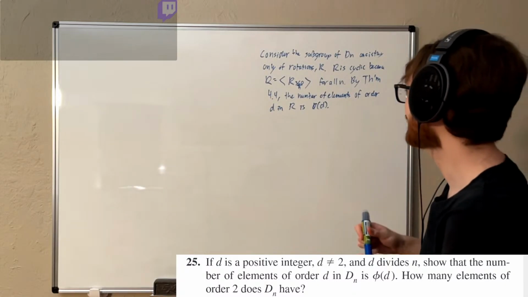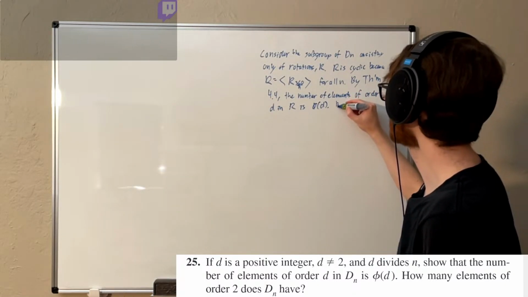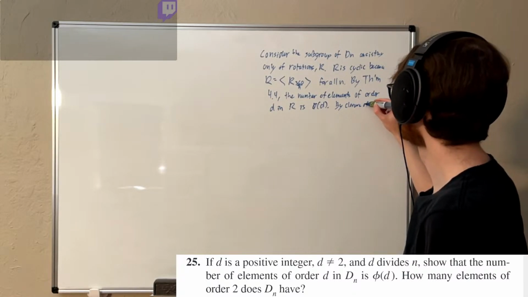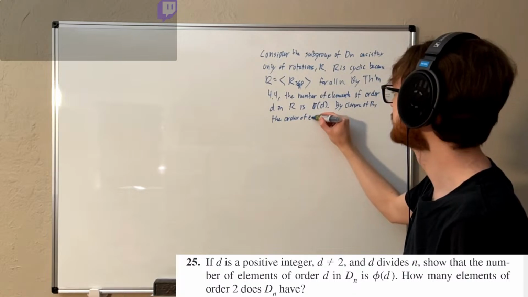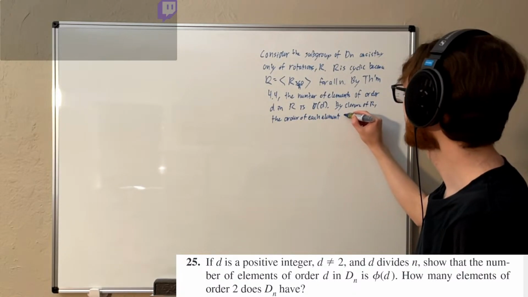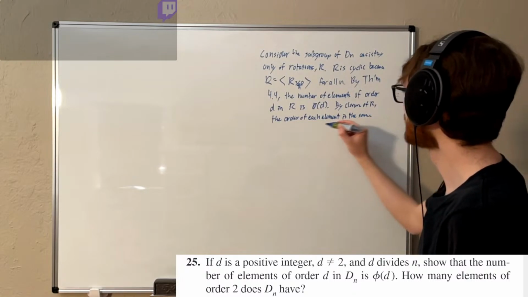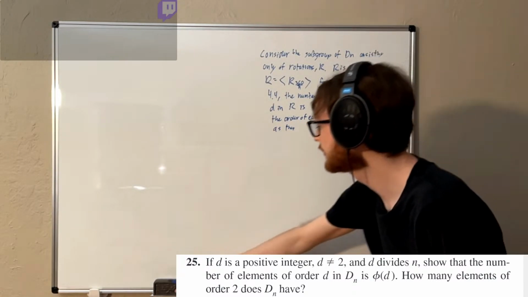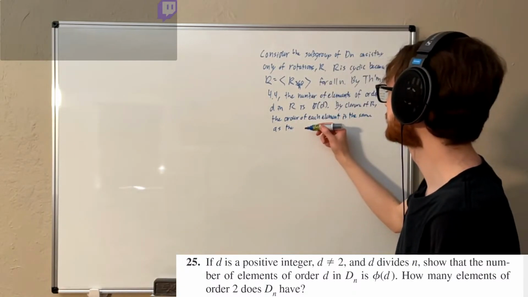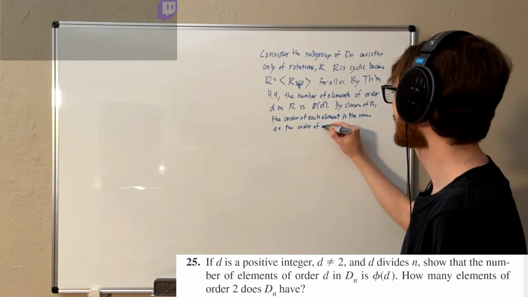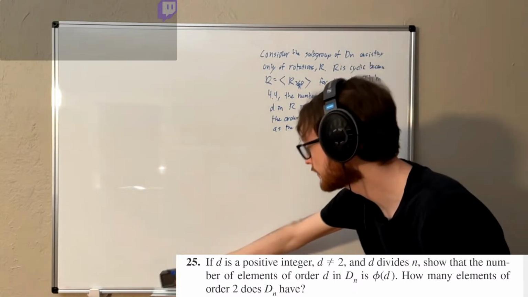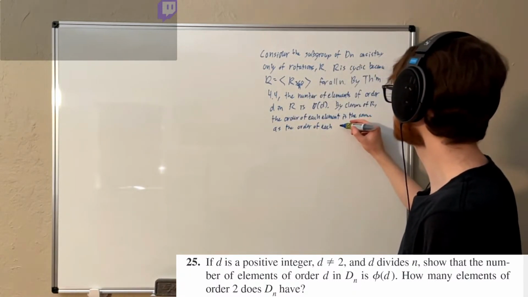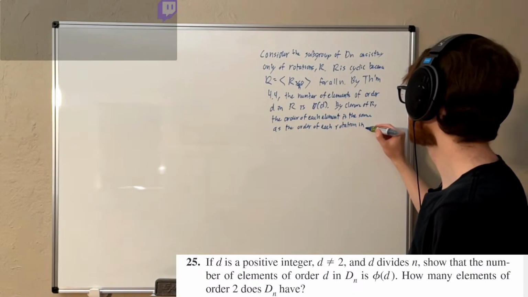It doesn't feel very proofy, but I just want to say by the closure of R, the order of each element of each rotation is the same as the order of each element in D sub n.